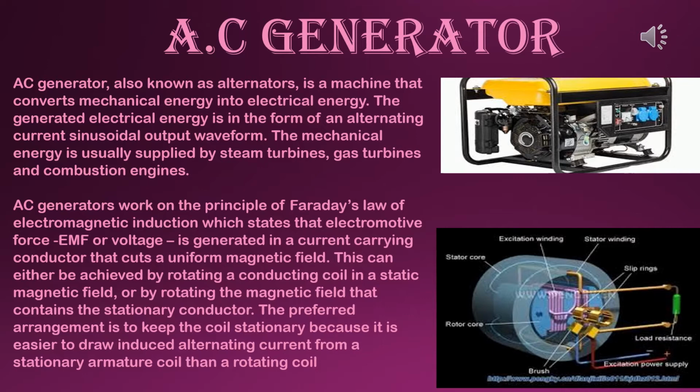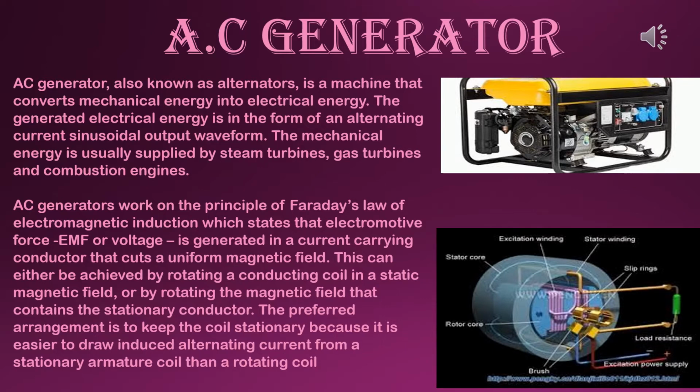So what is the working principle? AC generators work on Faraday's law of electromagnetic induction, which states that electromotive force, EMF or voltage, is generated in a current carrying conductor that cuts a uniform magnetic field.